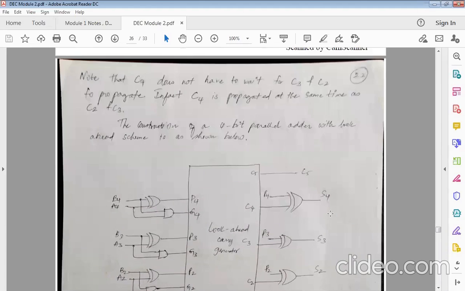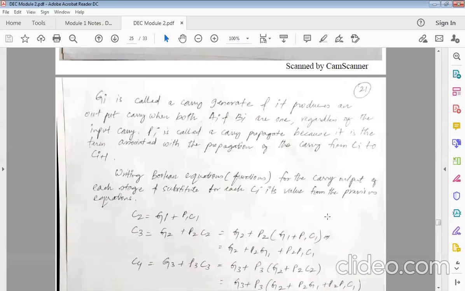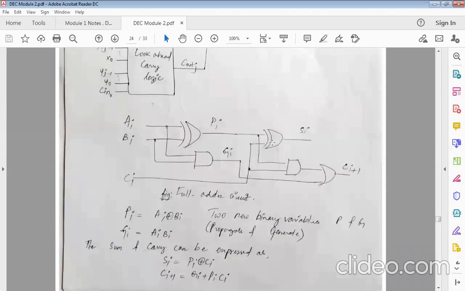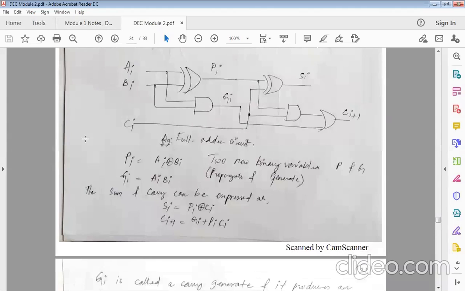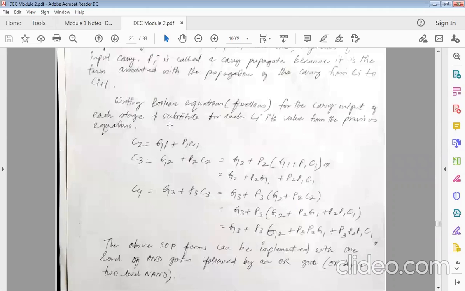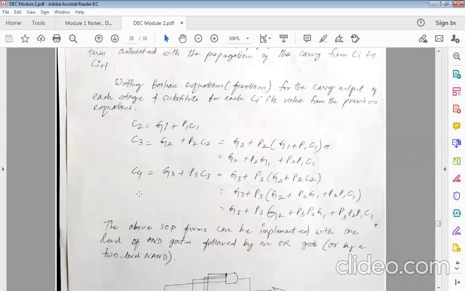The main thing you have to do here is mention this diagram. The most important thing is mentioning this diagram, and these two equations, your propagation and generation, are very important. With these equations it becomes easy to calculate C2, C3, C4, or even C5. The equations keep building up, and they are dependent only on C1.